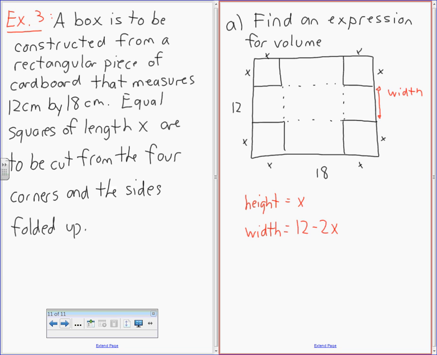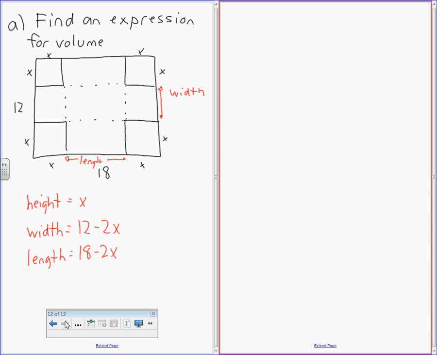The length I'm going to call this, and I'm going to call that 18 minus 2x. So my expression for volume is equal to x times 12 minus 2x times 18 minus 2x.